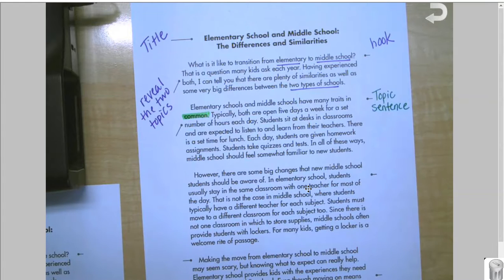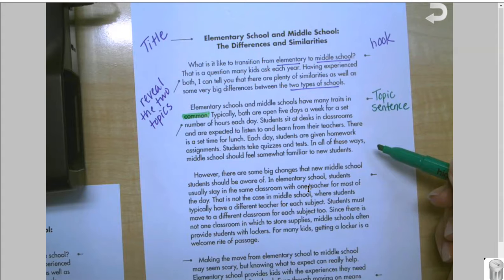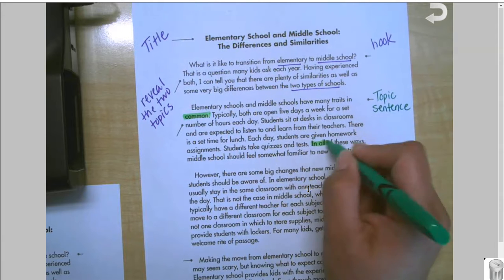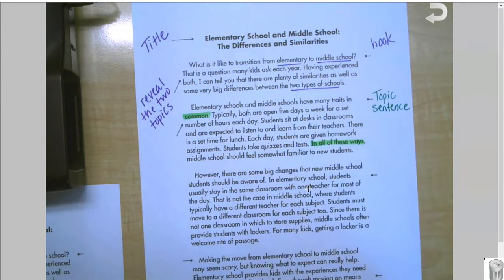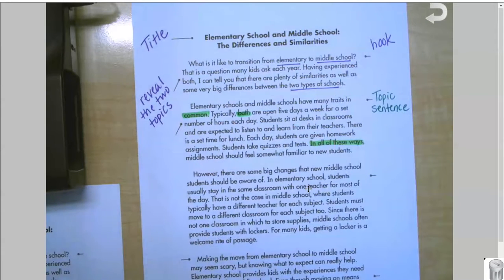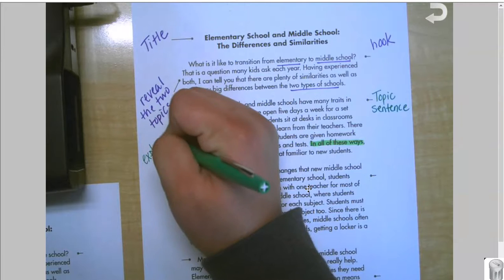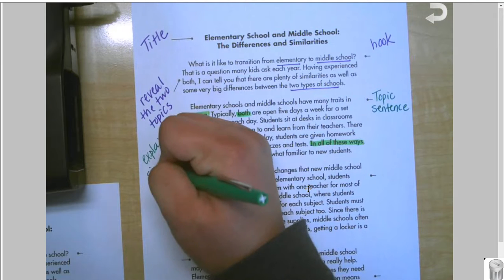You also see words, even this transition in all of these ways, sort of helps you figure out, and that word both as well, that they're talking about their similarities. So here in this paragraph, they are explaining the similarities.